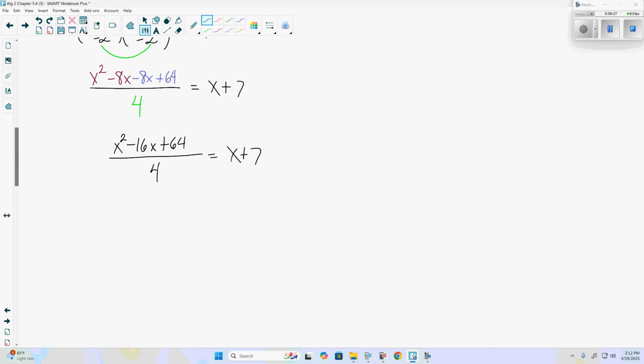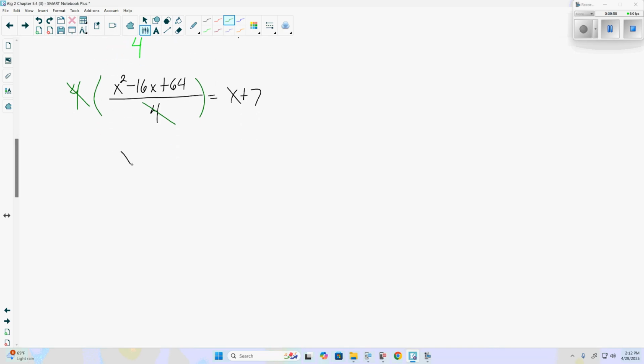Now, at this point, the only thing that's really daunting about this problem is that fraction, that division of 4, yes? It would be very nice if I could multiply this by 4. If that quadratic's being divided by 4 and I multiply by 4, well, the division of 4 and the multiplication of 4 would cancel, which would leave us with x squared minus 16x plus 64.